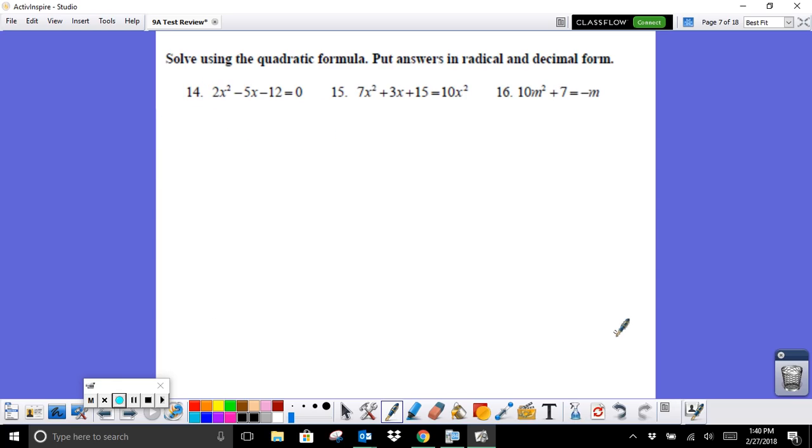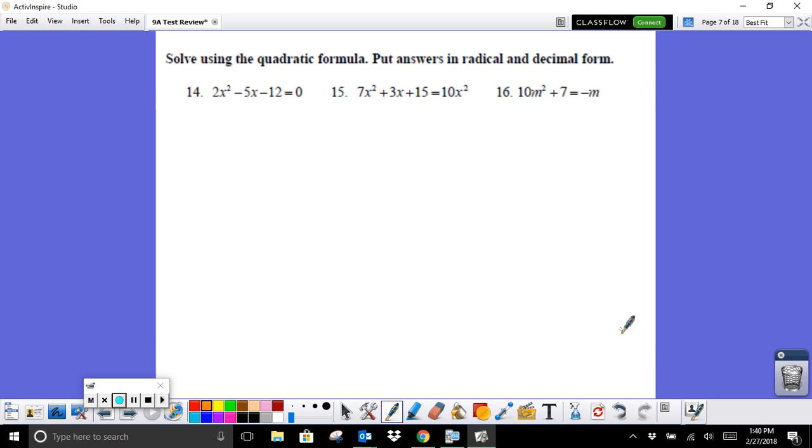All right, so 15. I need to get all of this on the same side first. Actually, redo. I need to keep my x squared positive.